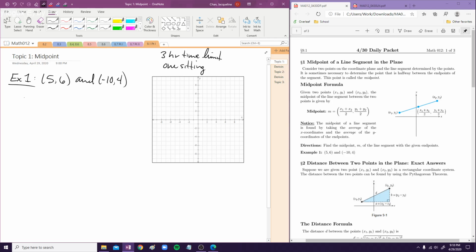If I want to find the average of 1, 2, and 3, how do I do that? To find the average, we add all the terms, and then we divide by the number of terms there are. In this case, there's 3, so we divide by 3. If we add and then divide, we'll get 2. That is how you find the average.